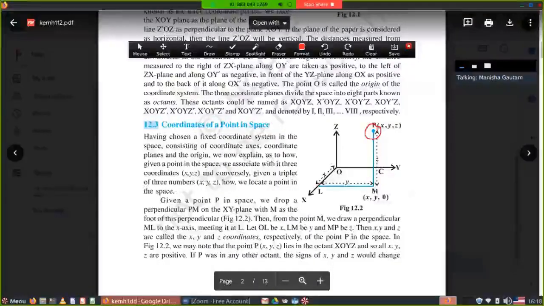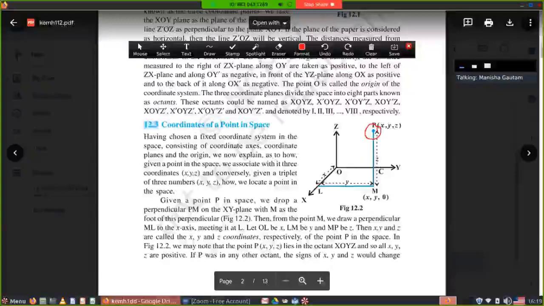So x, y, z are the perpendicular distances. OX is shown like this. It is a standing line. Suppose a pen is standing on O. So perpendicular distances are calculated from the planes. Then you will get the coordinates x, y, and z. These distances are shown here: OL, OC, and this is a distance LM, PM is a distance.